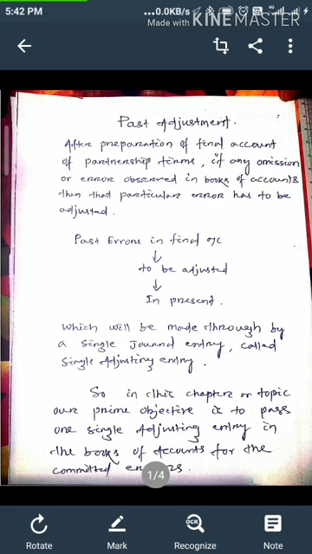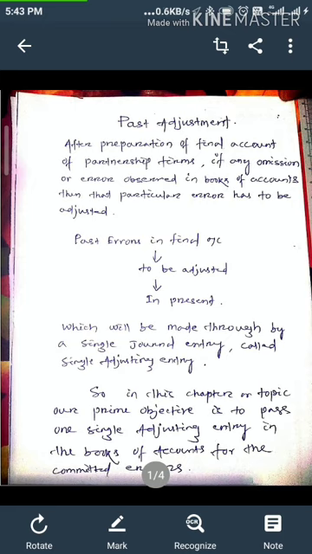So for this also we have to pass one journal entry, by which we will adjust the omissions. In this chapter, our prime objective is to pass one single adjusting entry in the books of accounts for the committed errors.